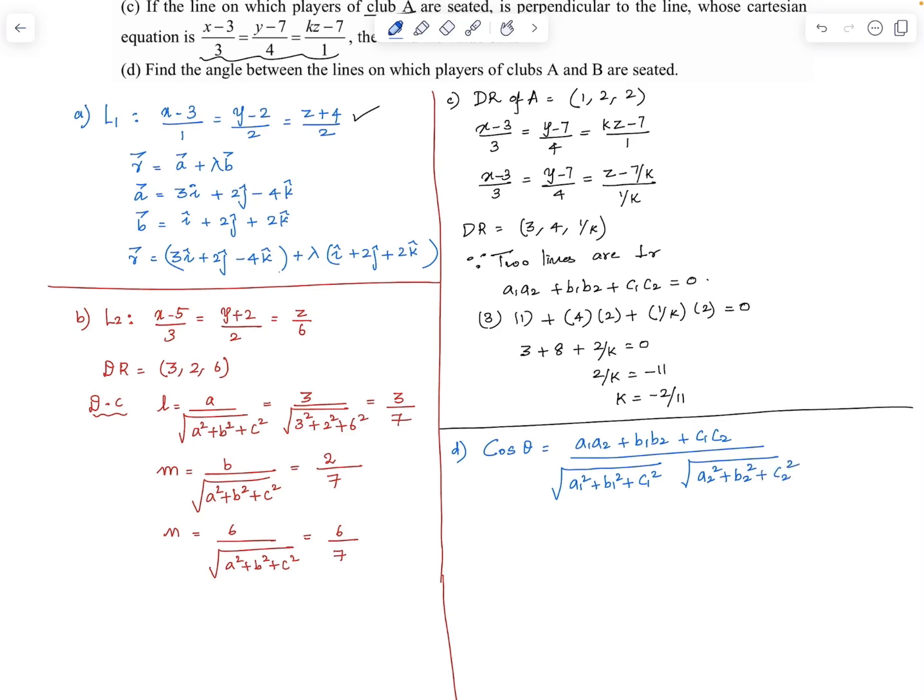Here a1, b1, c1 represents the direction ratios for the line A, and a2, b2, c2 represents the direction ratios for the line B.